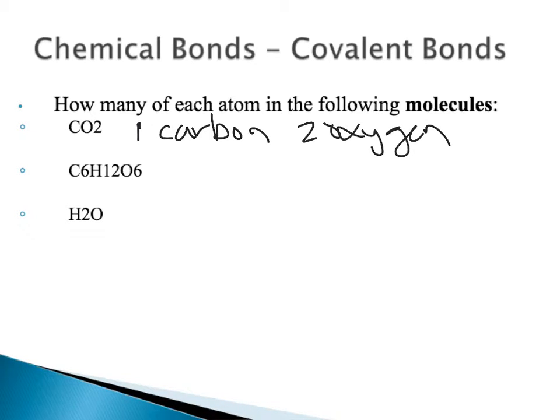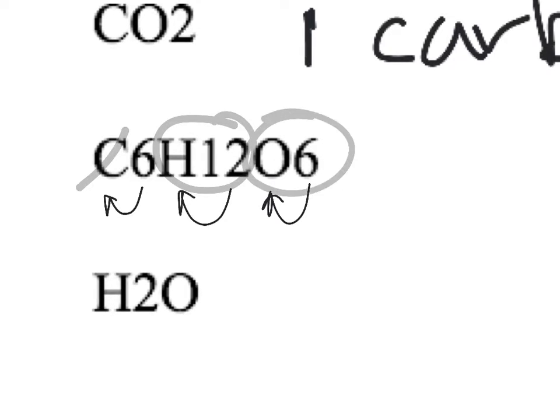For C6H12O6, what's going to happen here is this number after it is talking about the letter in front of it. So we have 6 carbons, 12 hydrogens, and 6 oxygens. Down here, again, we're talking about the number in front, so H2O, and we should remember from our little drawing, is 1 oxygen and 2 hydrogen.